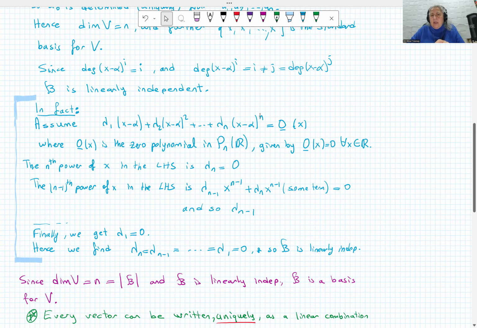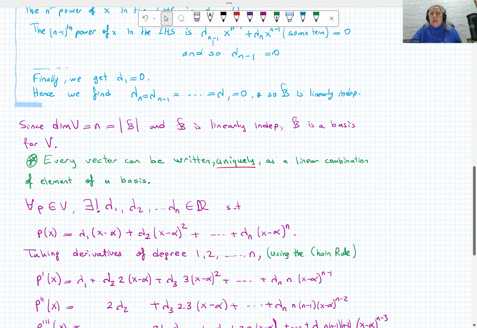You have x to the n, and then you have x to the n minus 1 appearing in this one, but it has the coefficient lambda n. But lambda n is equal to 0, then this one will be 0. It implies that lambda n minus 1 is 0. So this is what I'm trying to say here. By thinking this way, you can go up to the case lambda 1 is equal to 0, then you can prove that B is a linearly independent set.